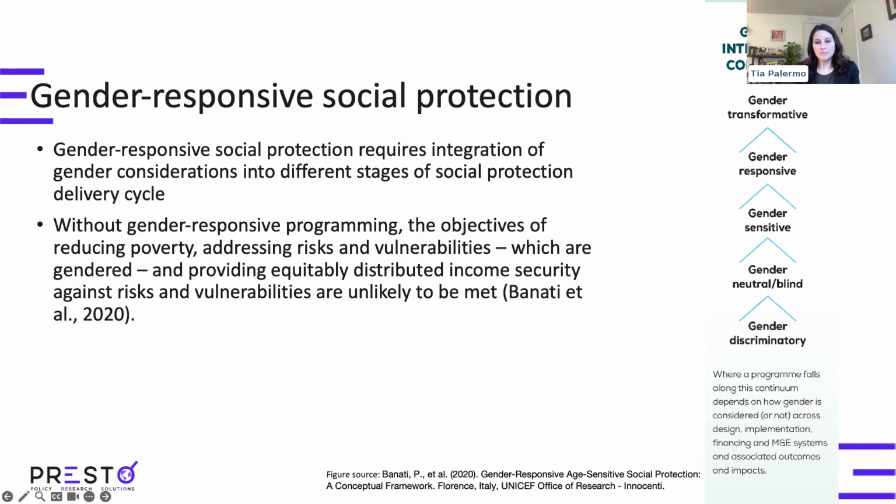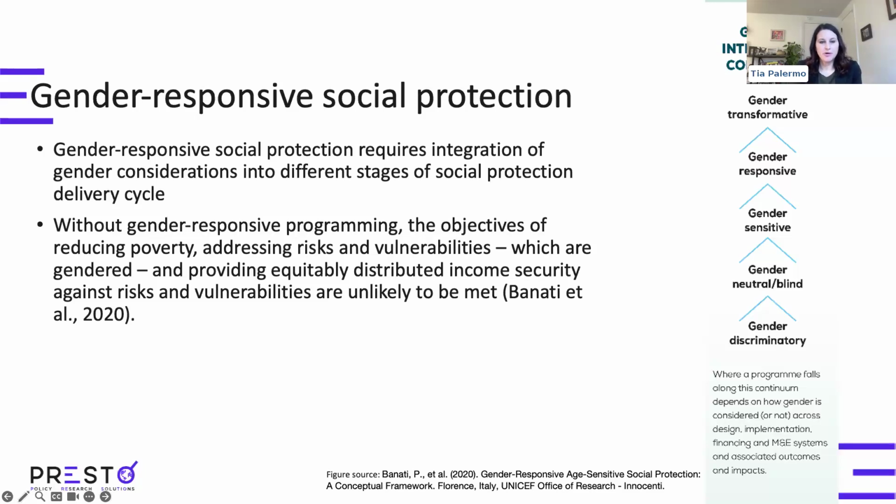Along the continuum of gender integration of social protection programming, this can range from gender discriminatory programs as well as gender neutral and gender blind programming, which do no further harm rather than upholding the unequal status quo, all the way to gender transformative programs, which tackle root causes of gender inequality and transform harmful gender norms.